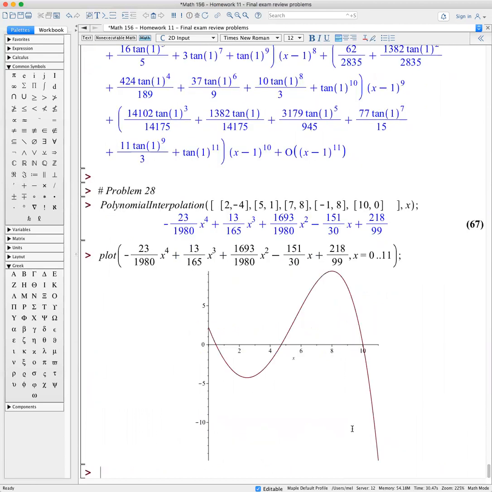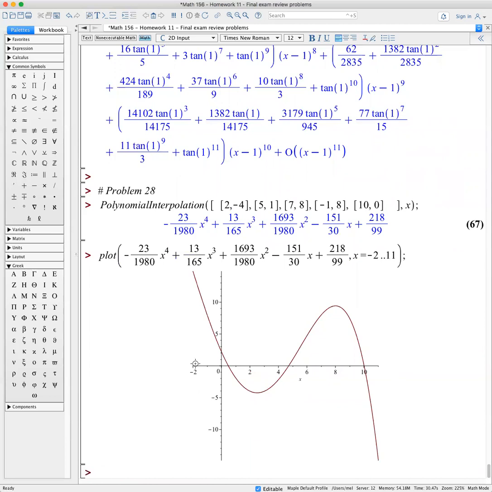So f of 2 is minus 4, f of 5 is 1, f of 7 is 8. Oh, I should have started at minus. Let me go to minus 2. F of minus 1 is 8, and f of 10 is 0. Looks pretty good.